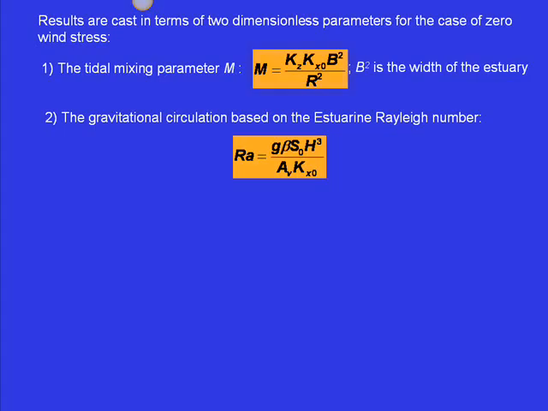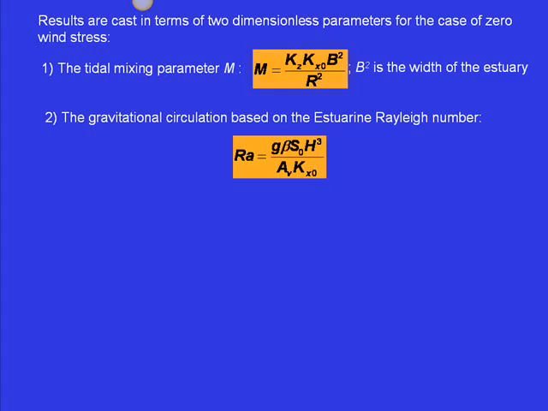So this non-dimensional parameter tells you how effective, instead of tides now, gravitational circulation or the estuarine circulation is to transport the salt, or to move the salt around in the estuary.